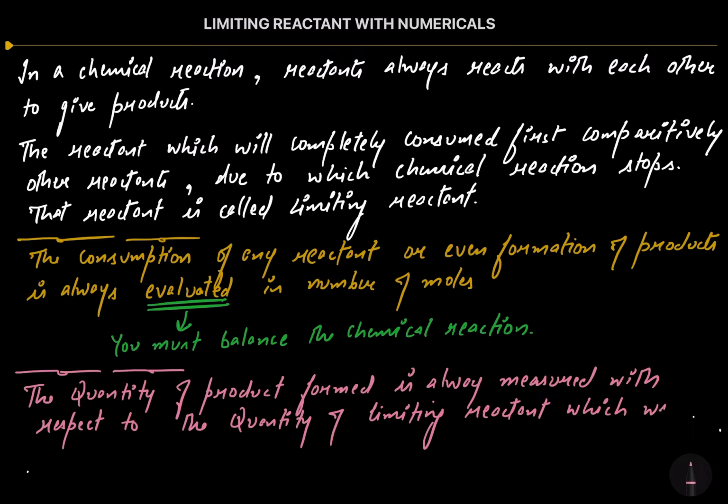Because once the limiting reactant is consumed, the reaction stops. If the reaction stops, obviously the formation of product will stop. So the quantity of product formed is always measured with respect to the quantity of limiting reactant which was completely consumed in a chemical reaction.